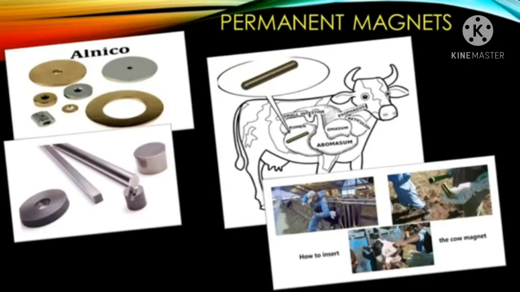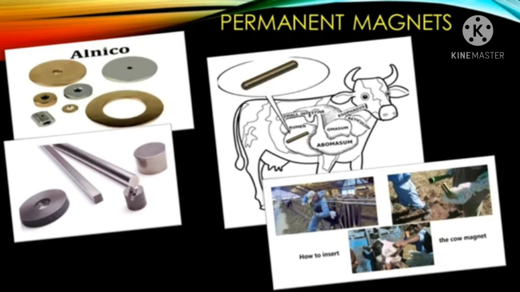Permanent magnets are artificial magnets that retain their magnetic property even in the absence of an external magnetic field. Permanent magnets are produced from substances like hardened steel and some alloys.